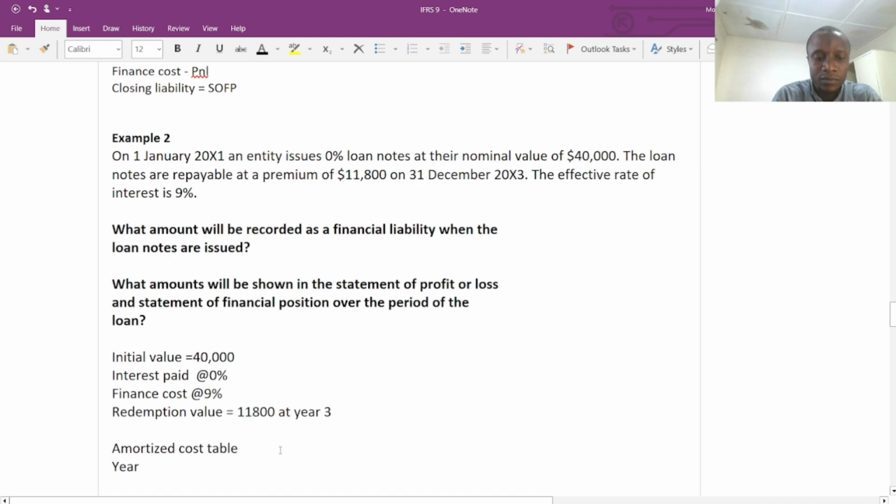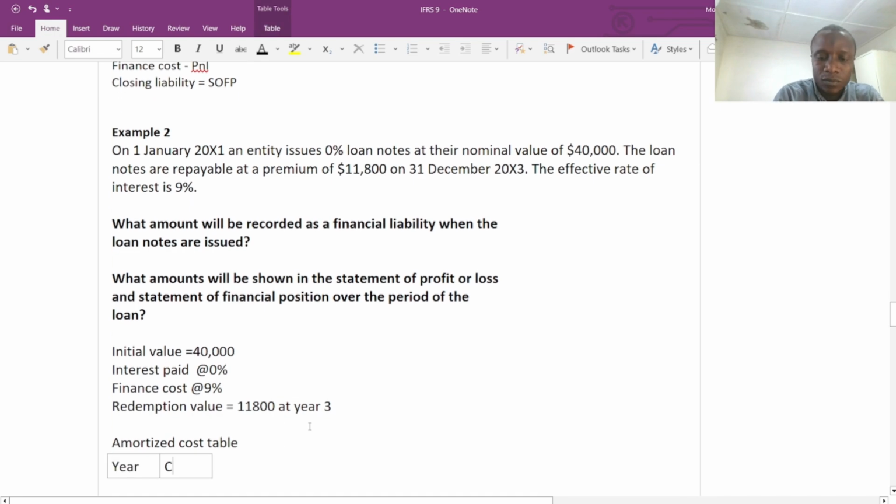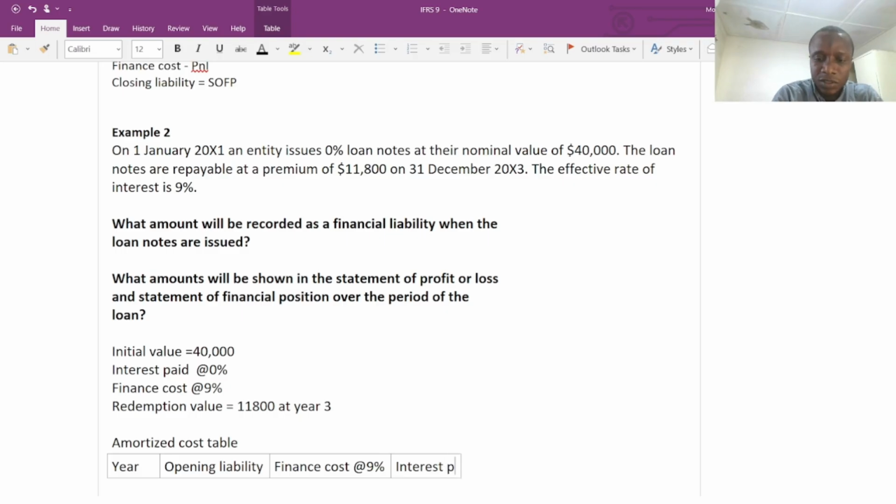So now we are going to use the amortized cost table. Here: opening liability, finance cost at 9%, interest paid at 0%, closing liability.